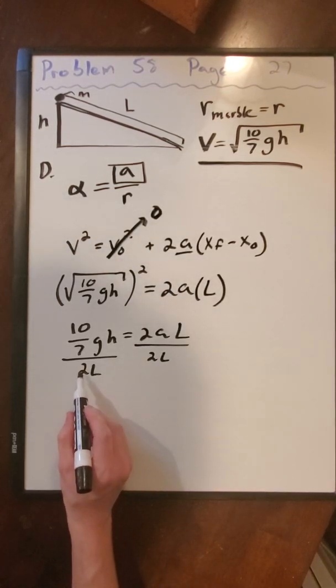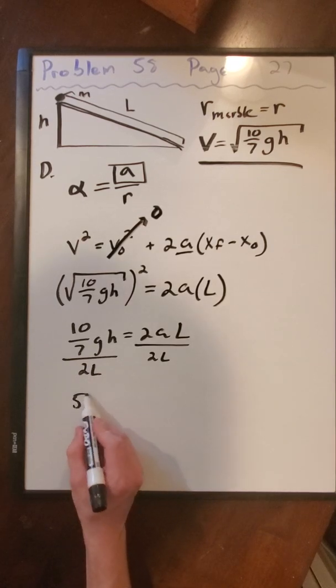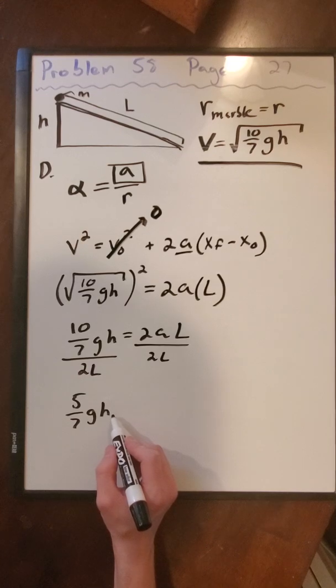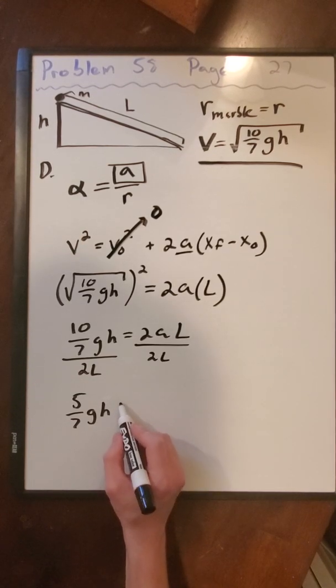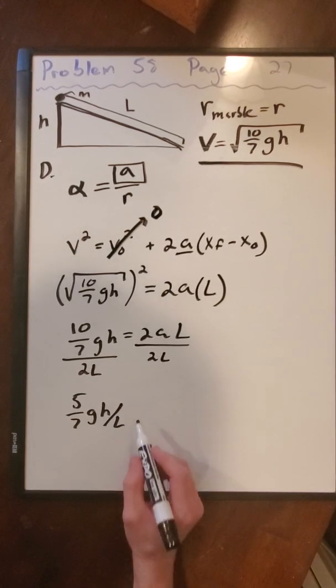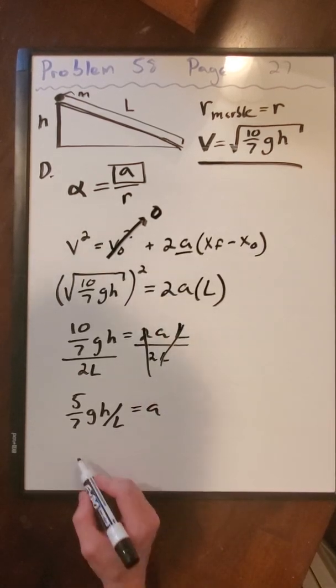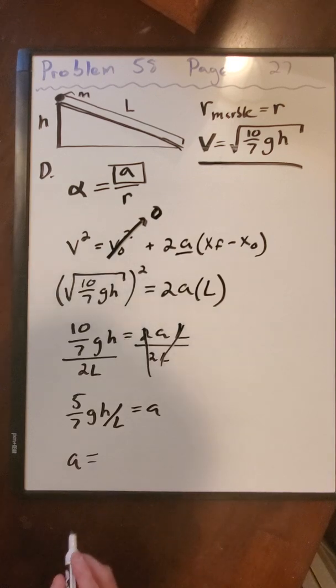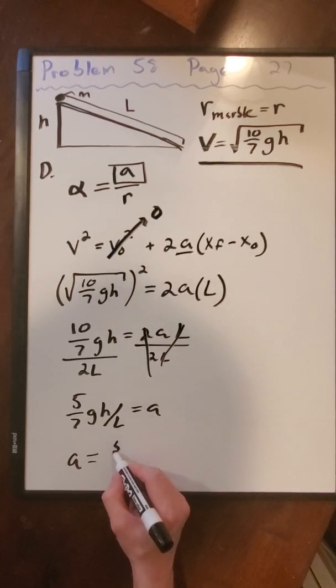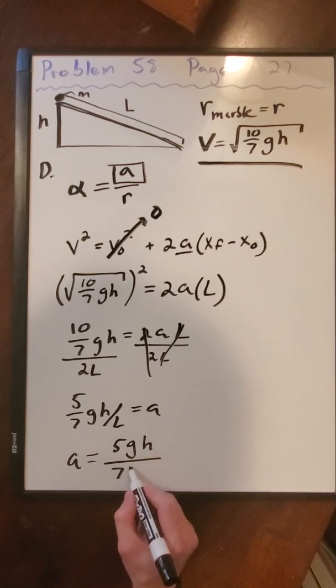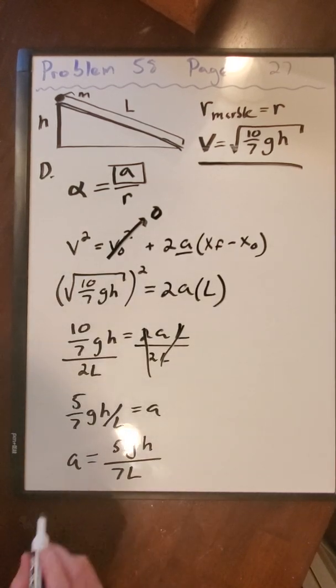And in this case, the 2 and the 10 are being divided by each other, so we get 5 over 7 gh divided by L. I'll write that a little bit nicer because it's kind of confusing to see, but basically these cancel out here, and we have a linear acceleration of 5gh divided by 7L. So that's our linear acceleration.